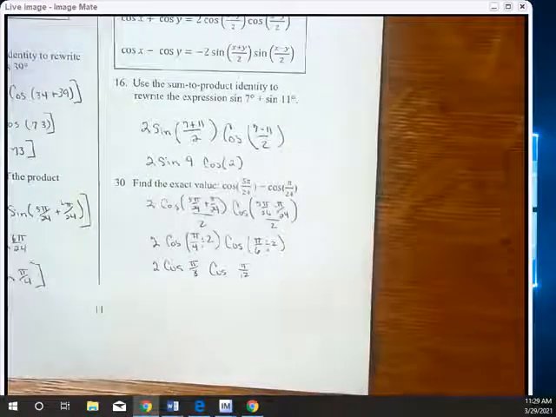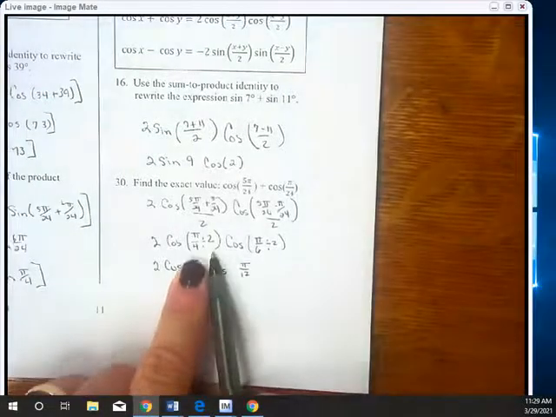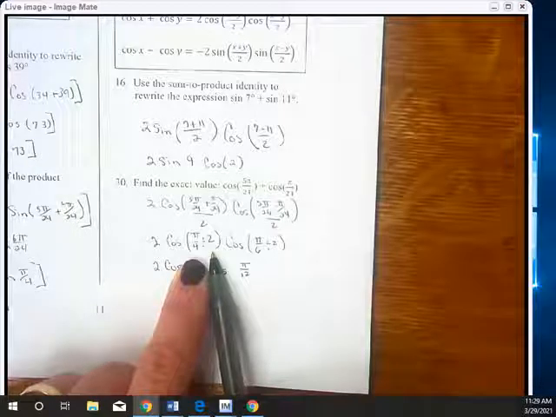We're going to have to do something else. So what are we going to do? The cosine. This is pi over 4 divided by 2. That was our half angle.